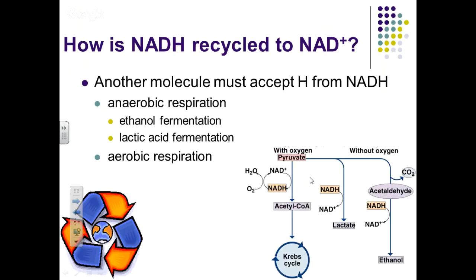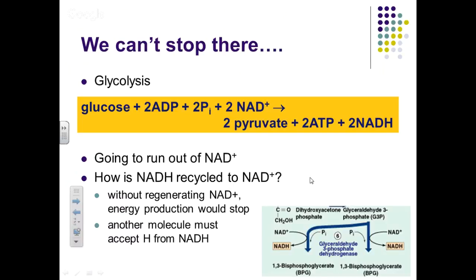The last thing I want to mention is, let's imagine you're a prokaryote, a bacterial cell, and you don't have mitochondria. The only way you can make ATP is to keep doing glycolysis. But to keep doing glycolysis, you have to have glucose, ADP, inorganic phosphates, and an NAD+ molecule.